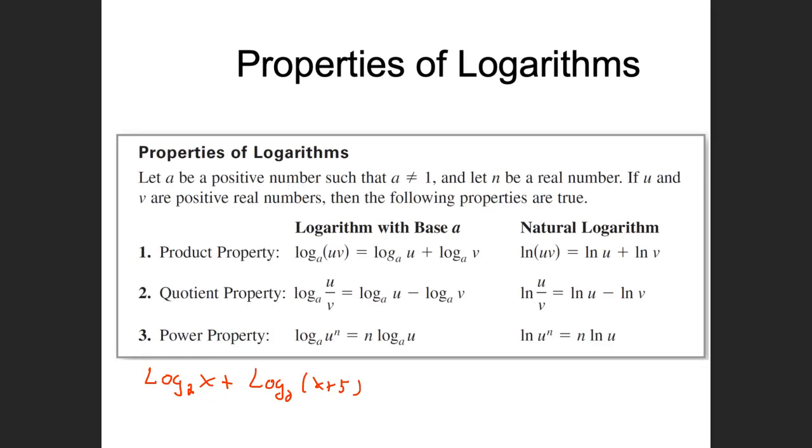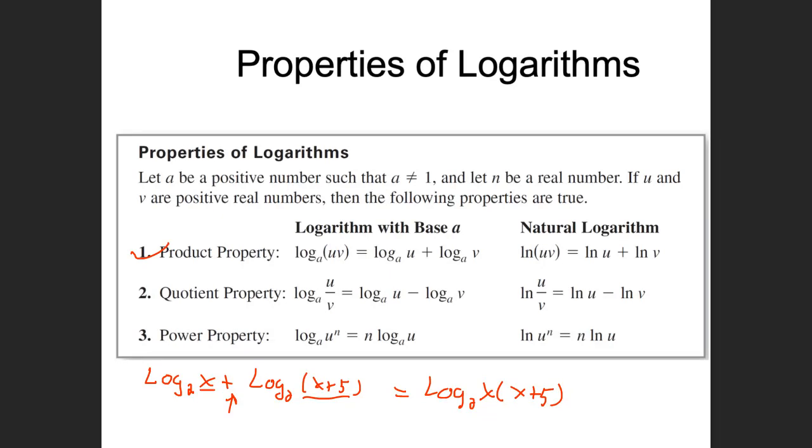We can rewrite this as a single logarithm, and that's what they mean by rewriting as a single logarithm. There's a plus sign here, so I know I can multiply these since the logs are the same. So I could rewrite this as the log base 2 of x times x plus 5. That's what this product property says that we can do.